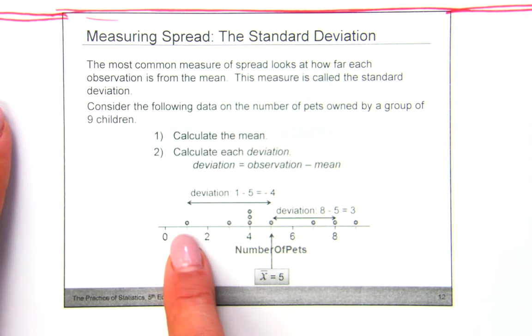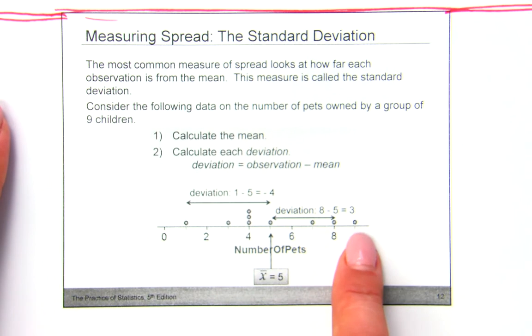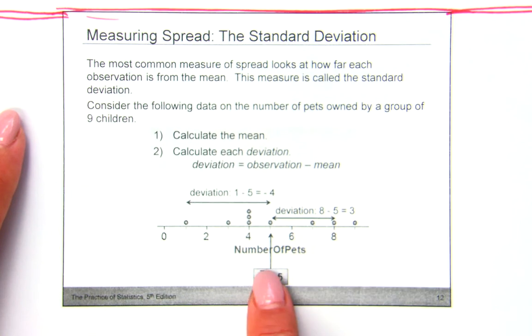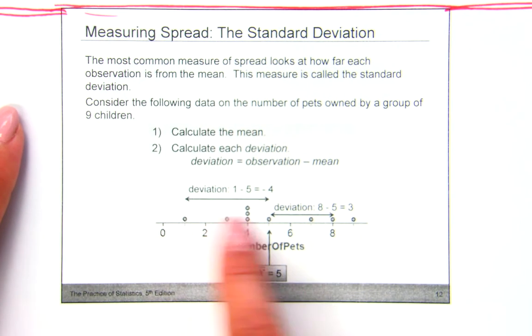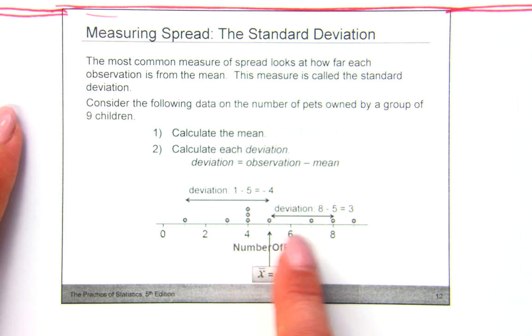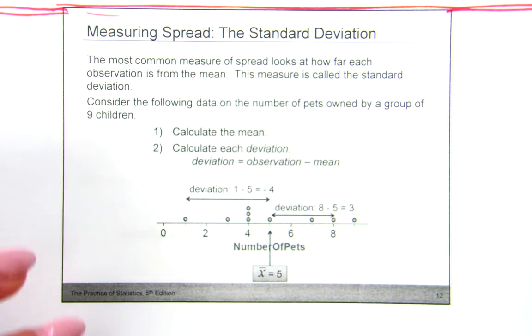So somebody has 1 pet, a bunch of kids have 4 pets, all the way up to somebody has 9 pets, and you've got to wonder what kind of pets they have. We find that the mean is 5.